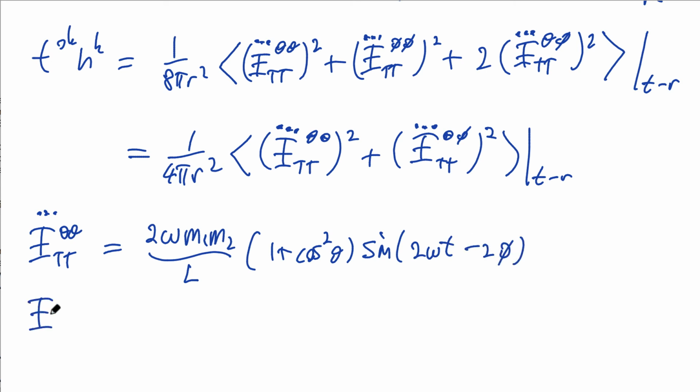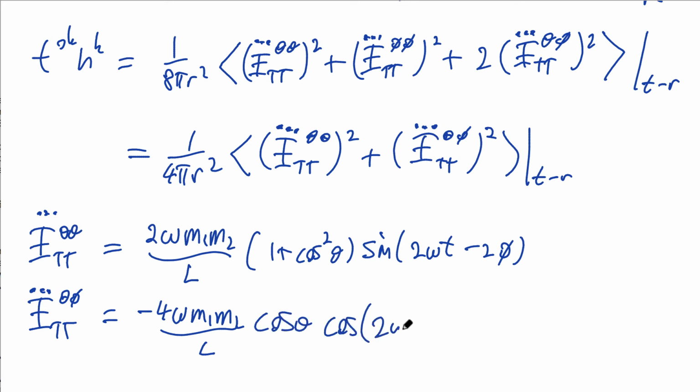And I bar tt triple dot theta phi is equal to minus 4 omega m1 m2 over L times cosine theta times cosine of 2 omega t minus 2 phi.